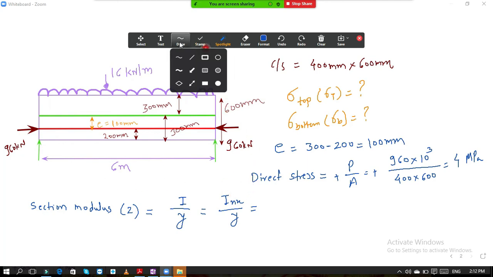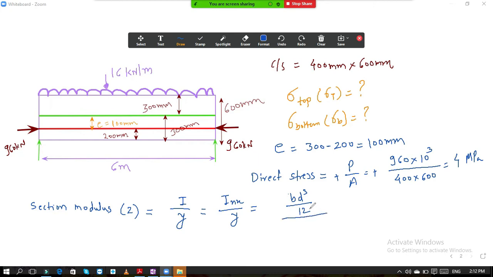So now I by y means what? It is the rectangular section. What is Ix for rectangular section? It is bd cubed by 12. This is the Ix divided by y. Y means what? Y is the distance of extreme fiber from the neutral axis.